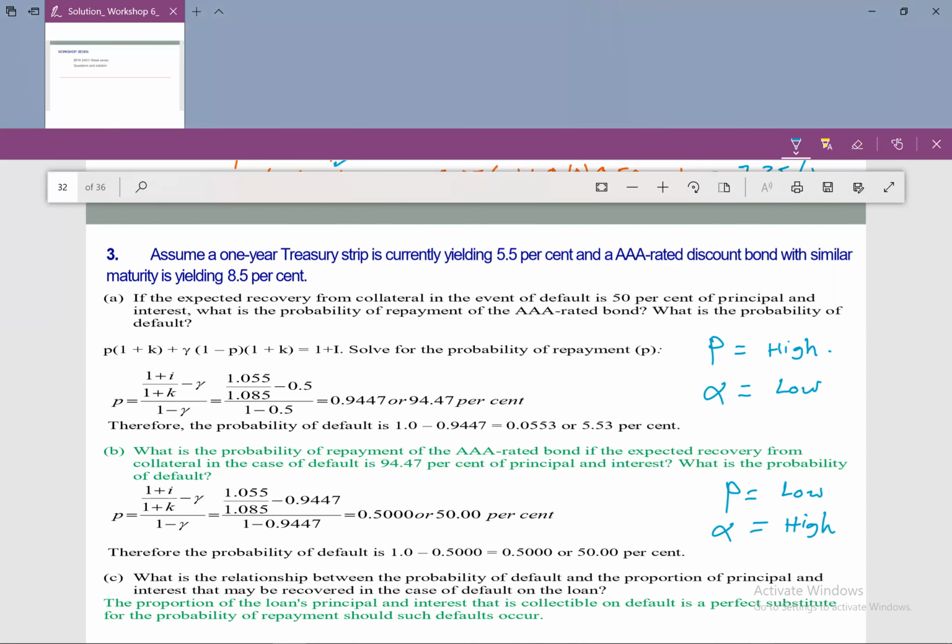So we say this relationship between P and Q is actually between P and lambda. Actually, this is the lambda. You can say it is the probability of default. This is the collateral. P and lambda have a negative relationship, and when we say negative relationship, we say they are substitutes.